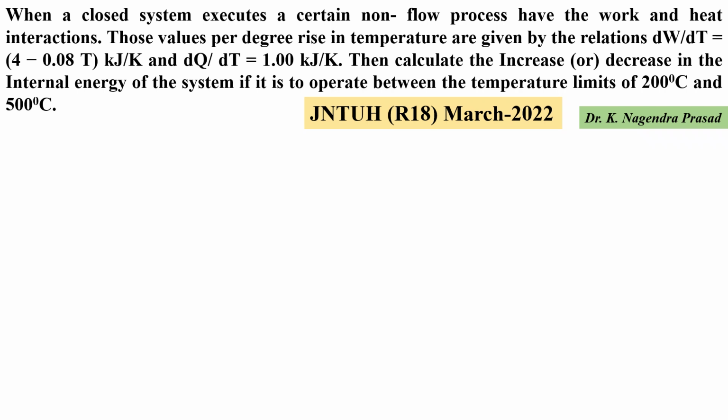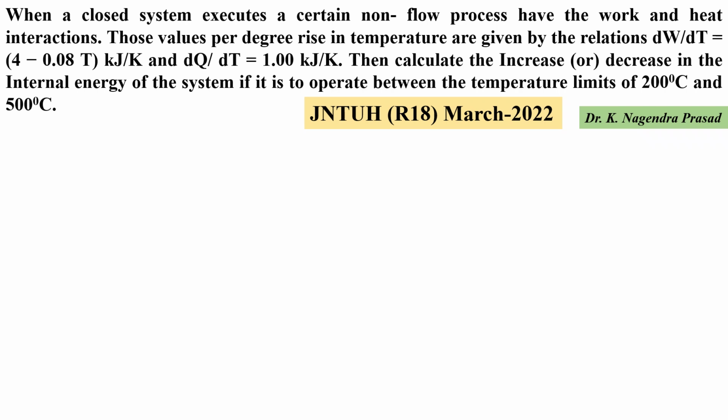Let's see the first problem. When a closed system executes a certain non-flow process, the work and heat interactions, those values per degree rise in temperature, are given by the relations dW by dT equal to 4 minus 0.08 T kilojoule per Kelvin and dQ by dT equal to 1.00 kilojoule per Kelvin.